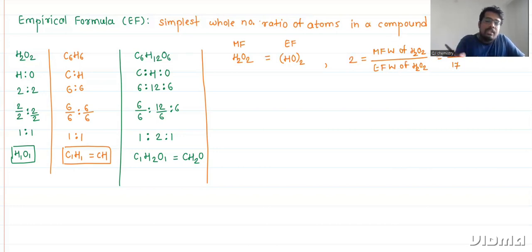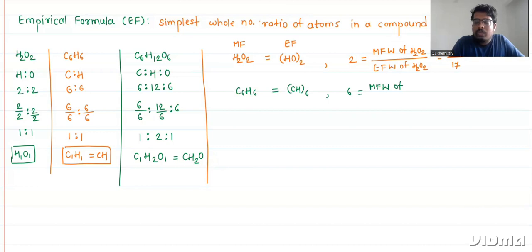Now let us take another example, benzene. The benzene molecular formula is C6H6. Its empirical formula is CH. If you multiply CH by 6, then you will get its molecular formula. So n, which is 6, is equal to the molecular formula weight of benzene divided by the empirical formula weight of benzene.